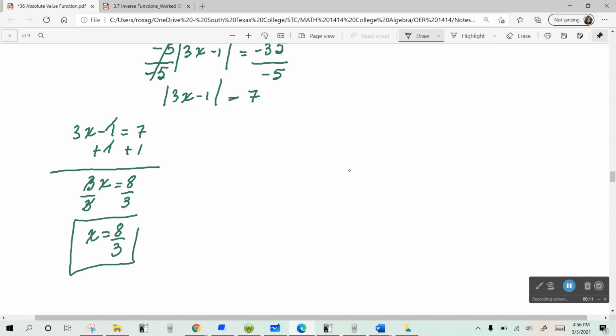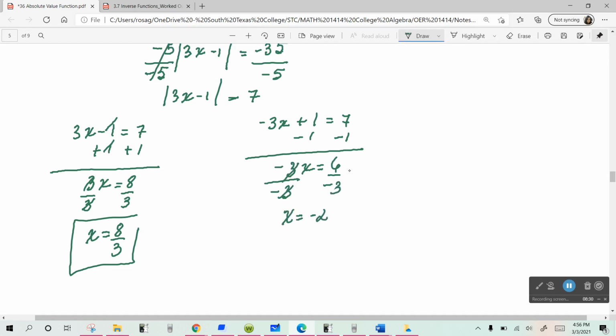And then the other one, I'm going to change the inside: negative 3x plus 1 minus 1, divided by negative 3, negative 2.